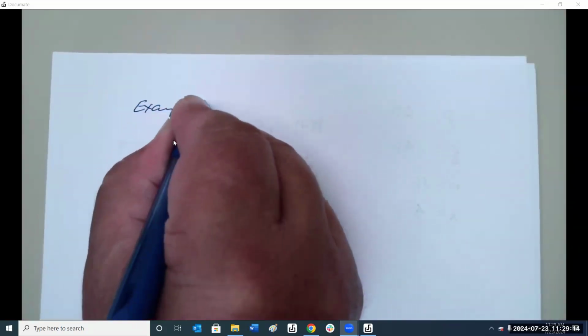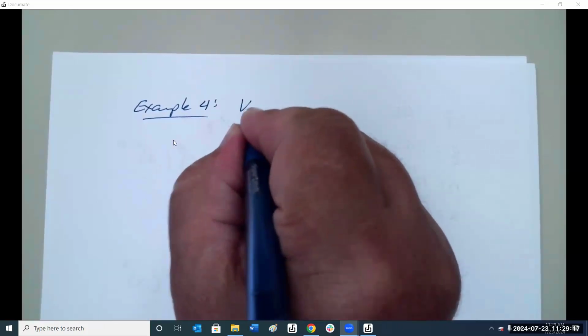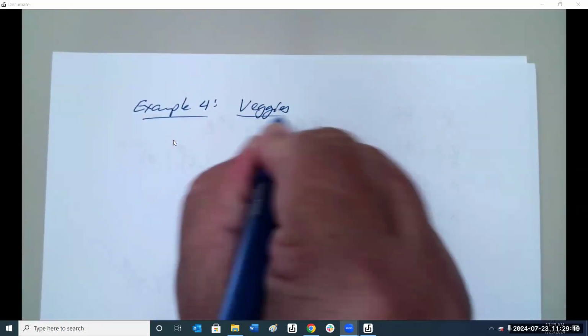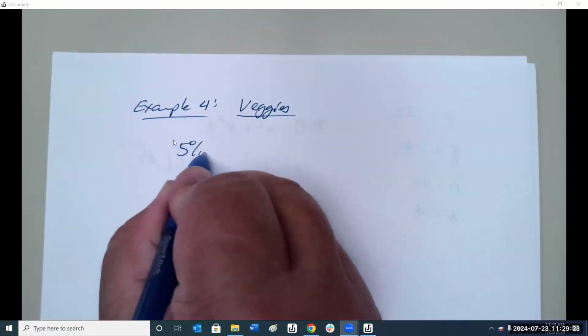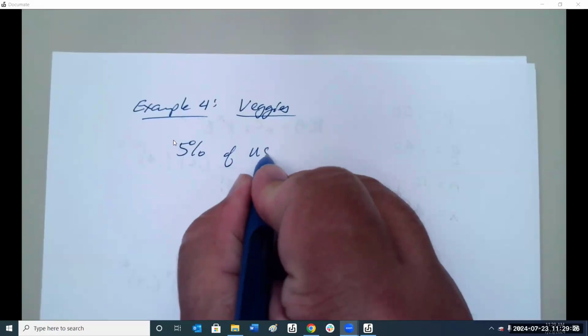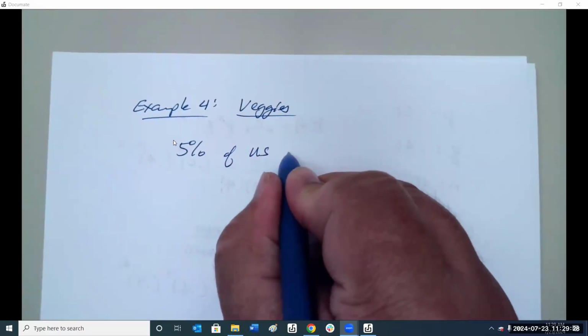Example 4, veggies. The Gallup poll says that 5% of US adults are vegetarians.